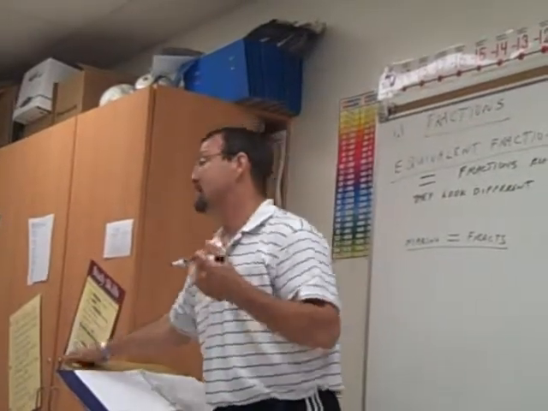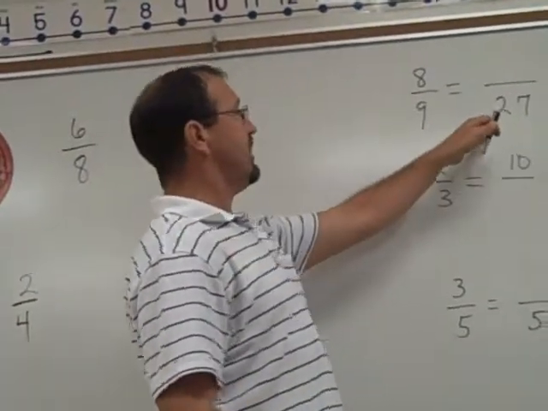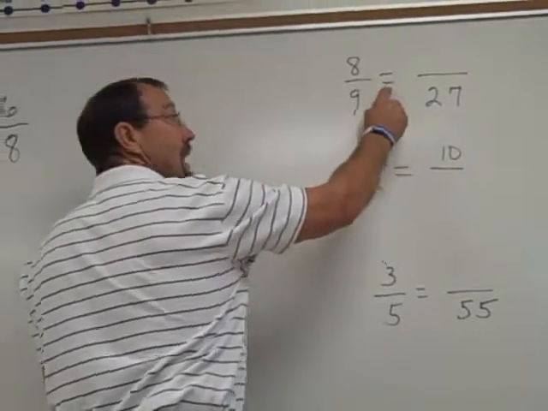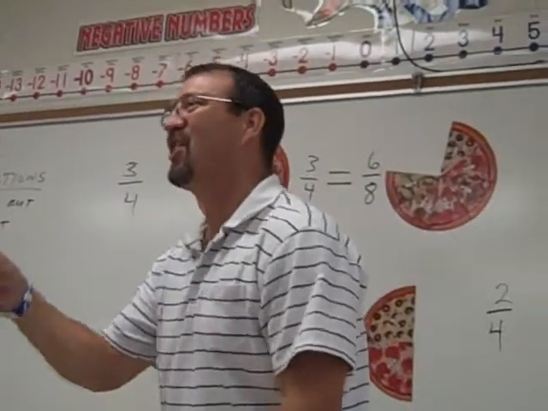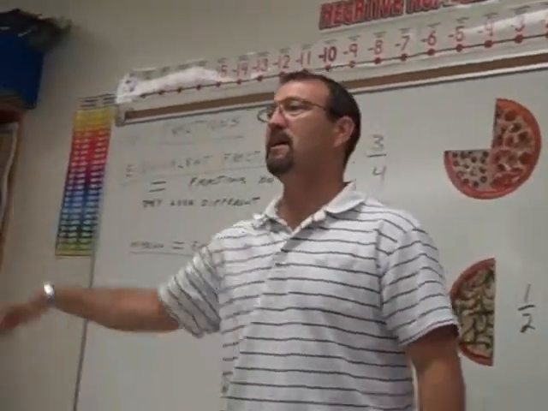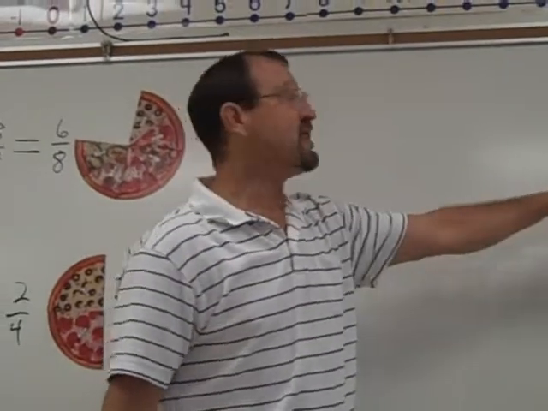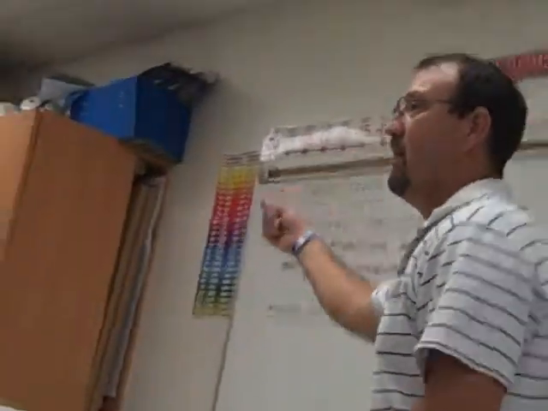Now the problem we have with this, class, is it would be nice if I was given a fraction and I want to turn it into a different fraction but yet stay equal. It would be nice if I could pull out a pizza and cut it up, pull out another pizza, cut one of them into 9 slices, cut the other one into 27 slices, eat some of them, and see which one's the same size.